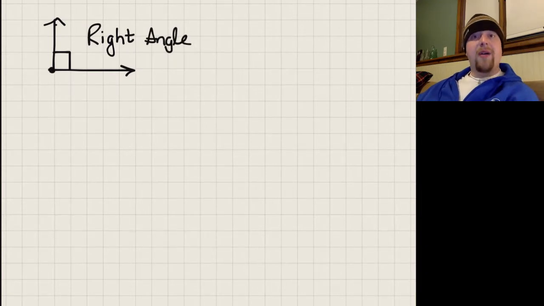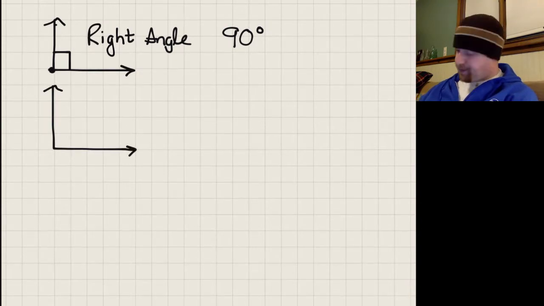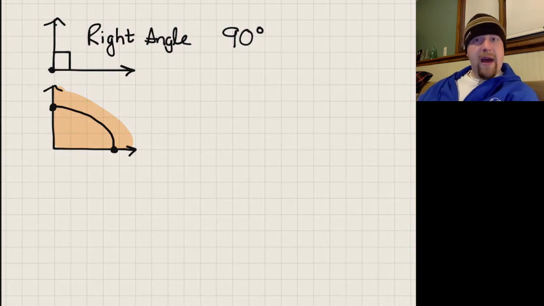Right angles are 90 degrees. If I have two perpendicular lines, like so, and I start right here and go all the way to here, traveling from one ray to another, I would go 90 degrees.